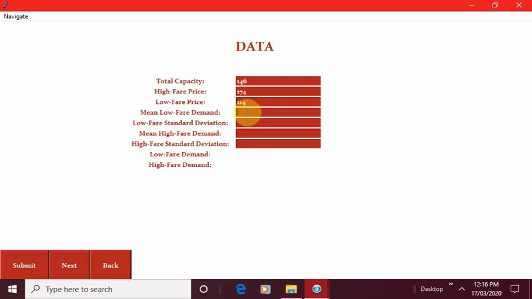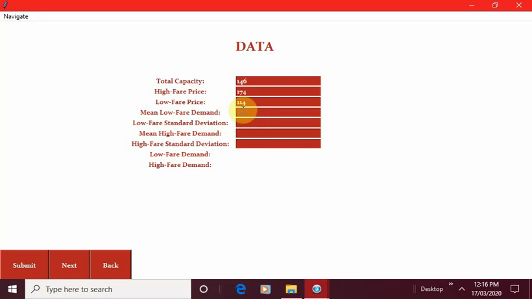Now the airline can have the mean demand and the standard deviation of both the low fare and high fare. They can infer it from the previous year's sales data and get the mean low fare demand, low fare standard deviation, mean high fare demand, and high fare standard deviation.